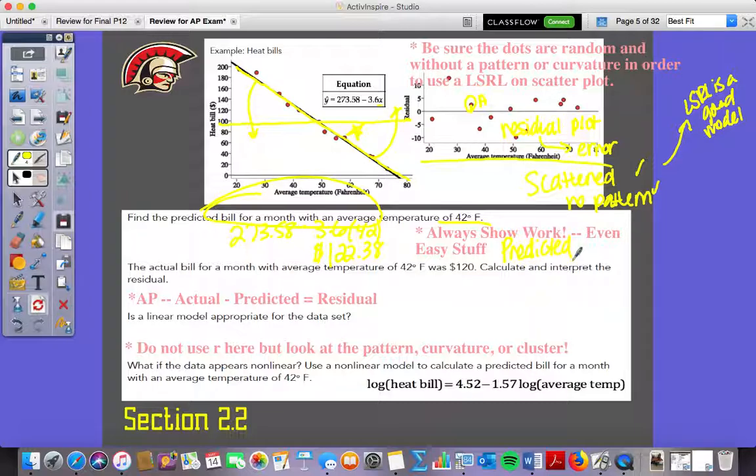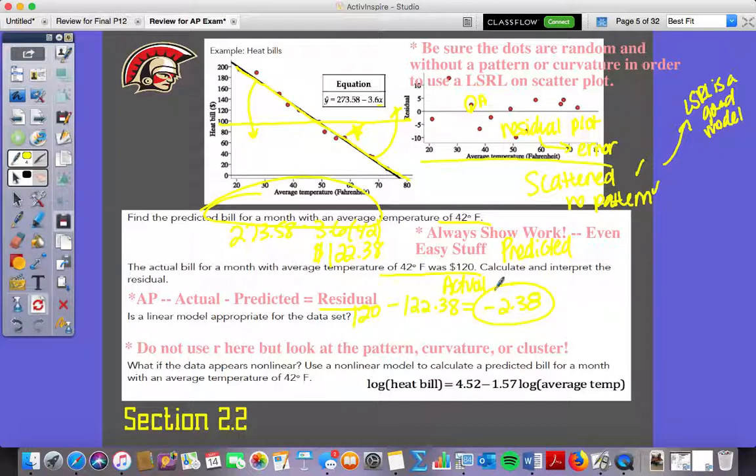The actual minus the predicted is my residual: 120 minus 122.38, which is negative 2.38. And again, it can be negative. It just means that the actual would be below the line, which is completely okay.